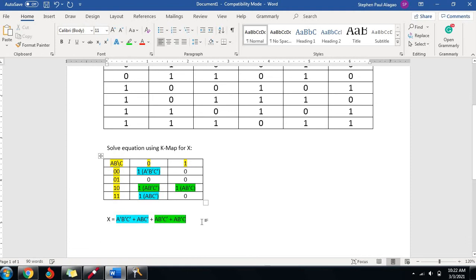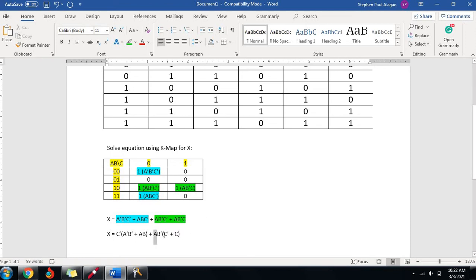Next, we're going to simplify. For the commons of your x, for the blue group, the common is c bar, and take note you have a bar b bar plus ab. Then the common for the other group is a b bar, and you have c bar plus c.